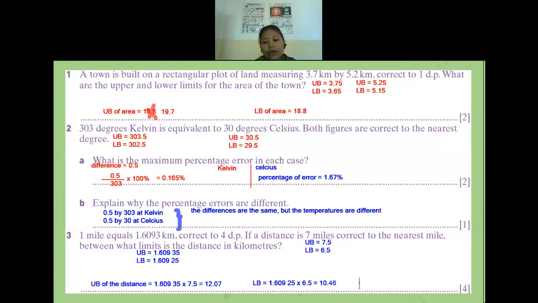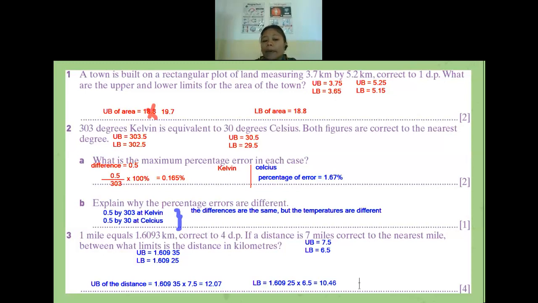Please listen carefully to my sentence. Percentage of error is the difference between the number given and its upper bound, or the difference between the number and its lower bound. So how do I get 0.5? How many degrees is the temperature in Kelvin? It is 303 degrees, right?